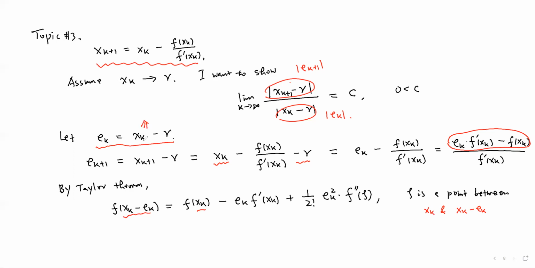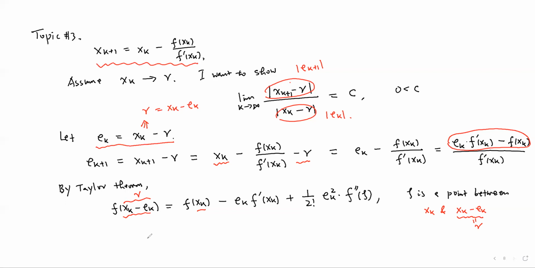What is x_k - e_k from here? I move R to the left side and e_k to the right side, then I get x_k - e_k. It turns out that x_k - e_k is R. So psi is a point between x_k and R. This number is R, but the function value at R is 0 because I assume R is the zero point of the function.